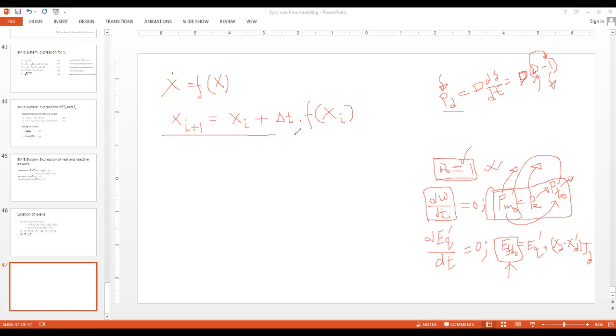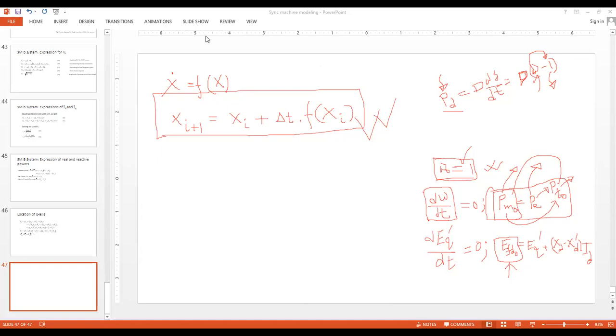So this is basically the simplest way to represent the Euler method. And this is what we are going to do today. We are going to apply it with the help of MATLAB to our model. Okay. So let's start. We had already built some part of the code, so we will continue from there.